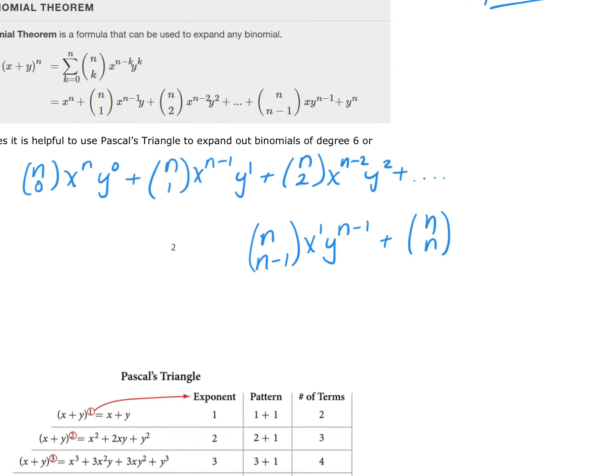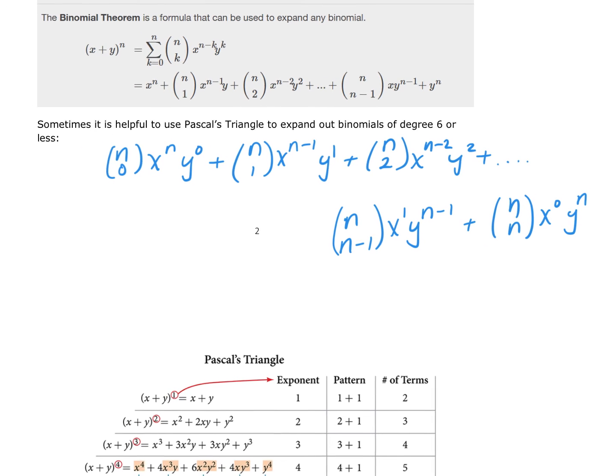So I actually like this definition a little bit better. N choose n, x to the 0, and y to the n. And the reason I like this one a little bit better is that you can see the progression where this 0 matches with this 0, and then we get all the way down to n choose n. So n choose 0 ends up becoming 1, and that's why you don't see it here, because it is 1. N choose n is also 1. So again, that's why you don't see that there.